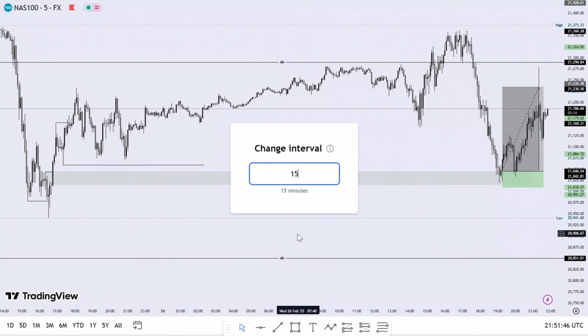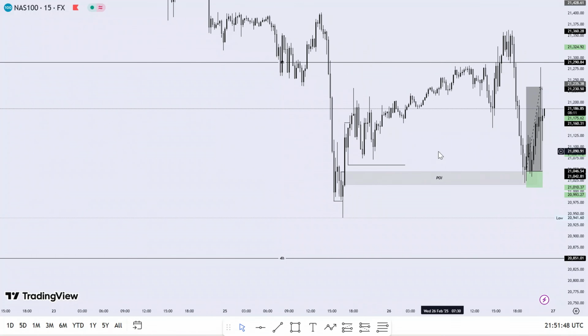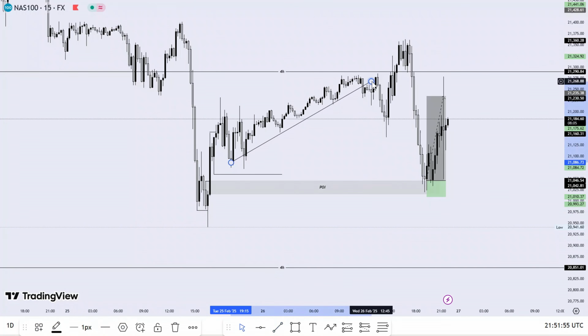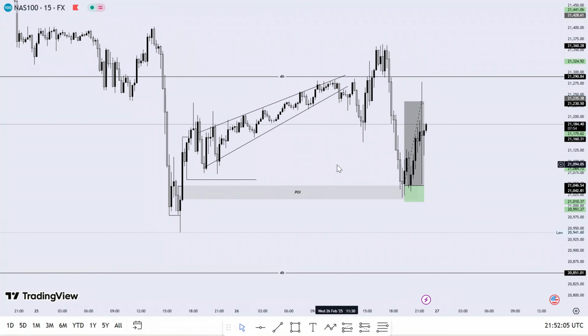But also, you will notice that this trade also has the trend line liquidity that we talked about. Now, the psychology behind the trend line liquidity is for you to trade it and allow the market to sweep out the trend line liquidity.